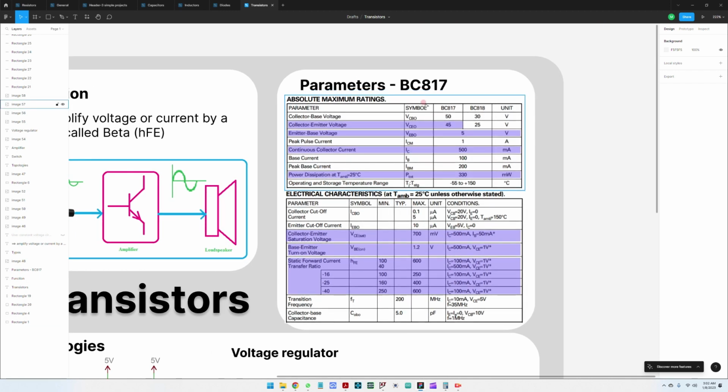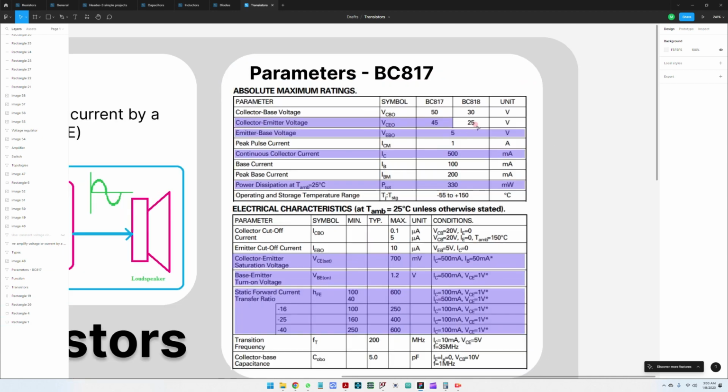Okay, going forward, here I've taken one of the most common transistors, a BC817, and here are some of the parameters for this transistor. First of all, this is an NPN bipolar junction transistor. The collector-emitter voltage is 45 volts.